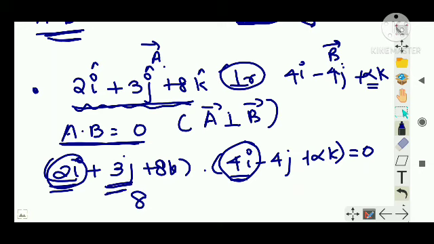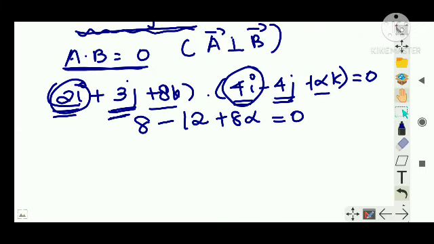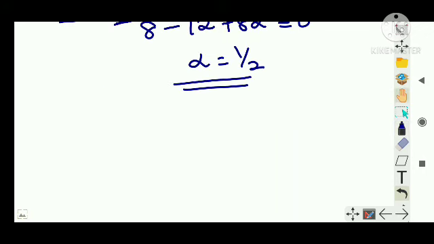Now 3j is multiplied with minus 4j, so it becomes 3 into minus 4, which is minus 12. Now 8 into alpha is plus 8 alpha, equal to 0. Now you can easily find the value of alpha as 1 by 2. Clear? This is a type of problem. Clear?